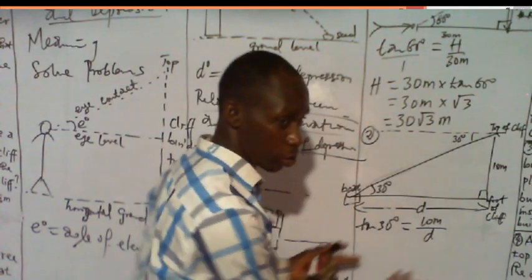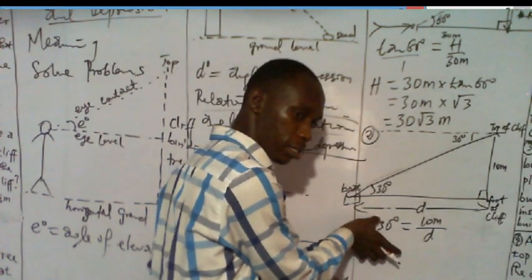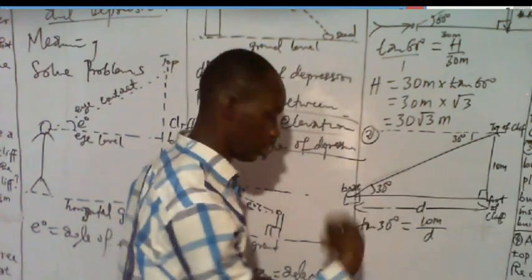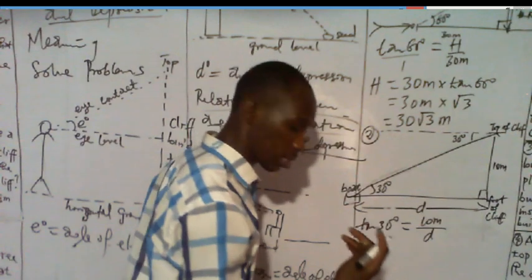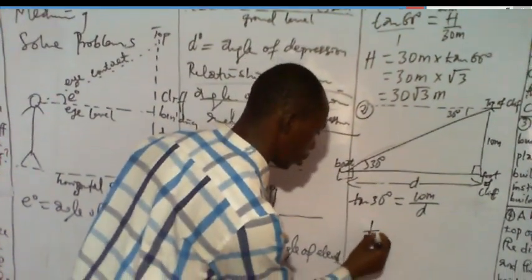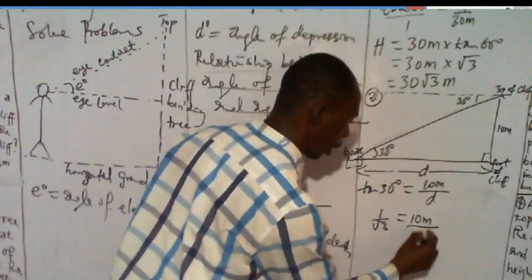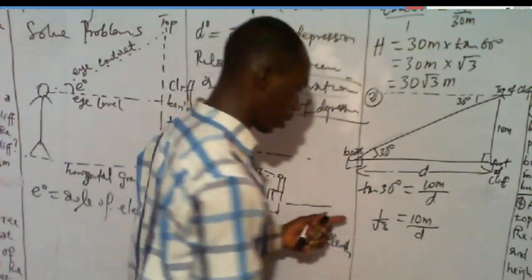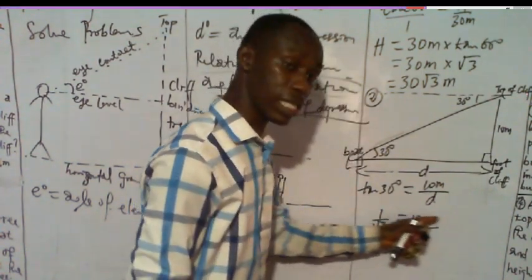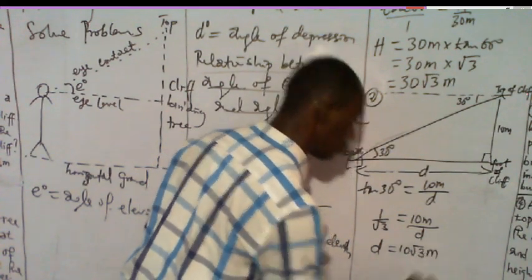But if you don't want to do it that way, you can just put the value of tan 30 degrees and simplify. Tan 30 degrees is root 3 over 3, or 1 over root 3. So let me use 1 over root 3 equals 10 meter over D. Cross multiply: 1 times D gives us D, root 3 times 10 meter gives us 10 root 3 meter.